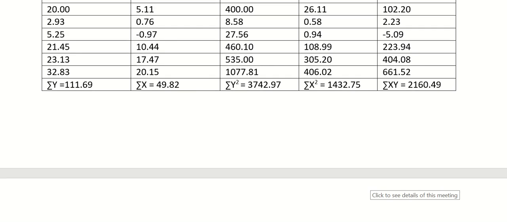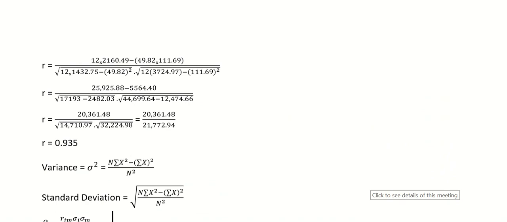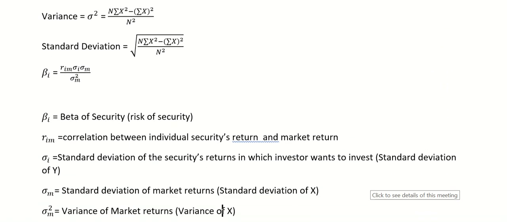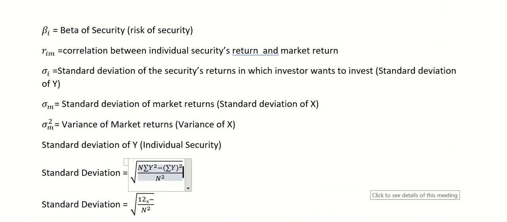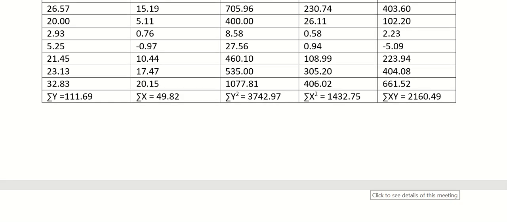This is summation of Y square, individual security, which is 3742.97, minus summation of Y whole square. Summation of Y is 111.69, and we have to calculate its square, right?